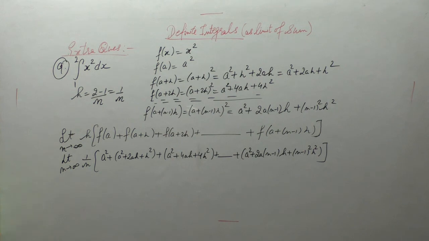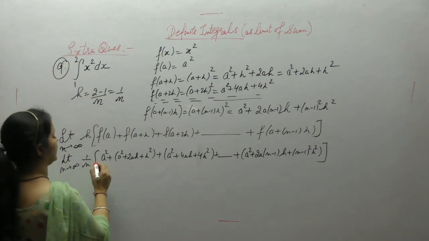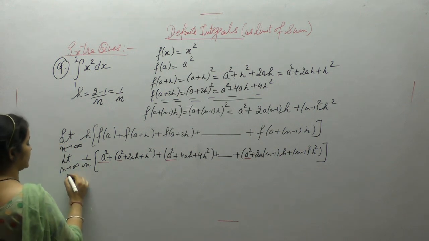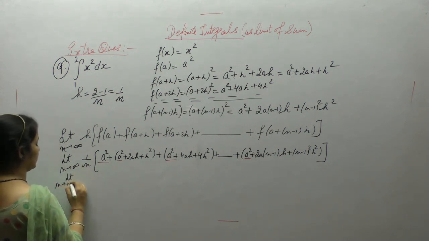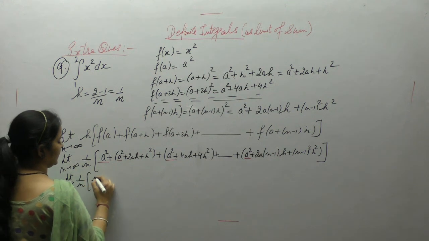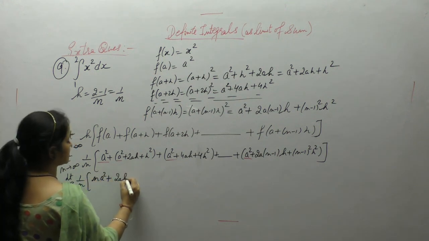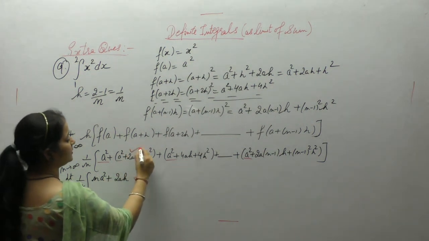Now a square is common in all the terms, so a square will come n times. Limit n tends to infinity, 1 by n a square. Now the terms of h, take 2ah common.